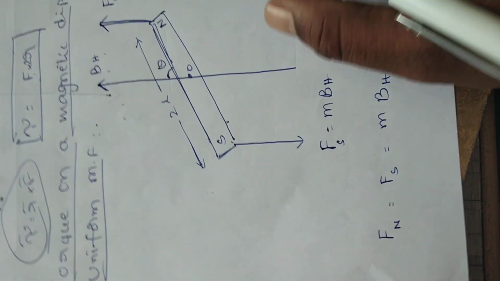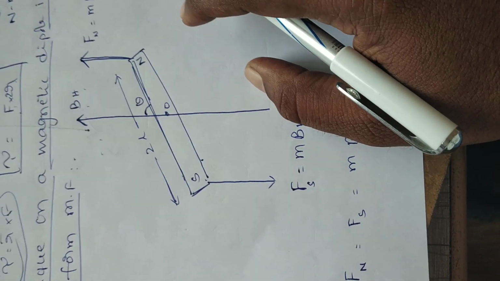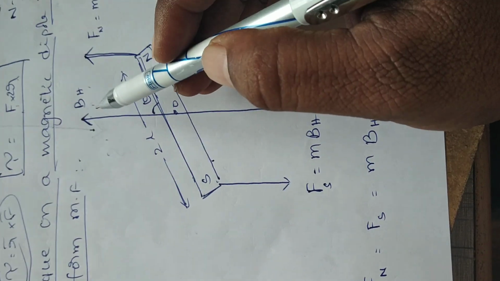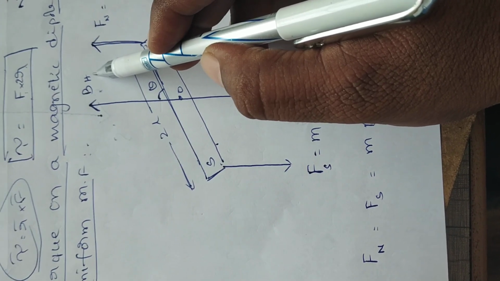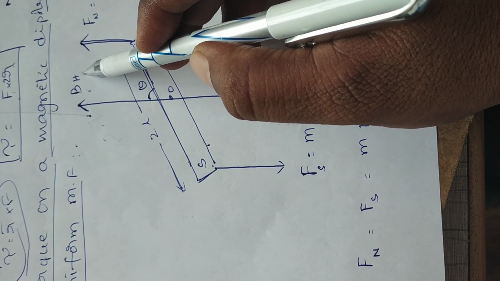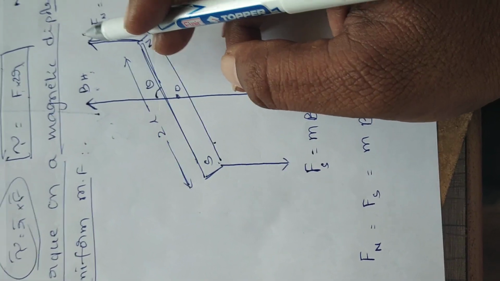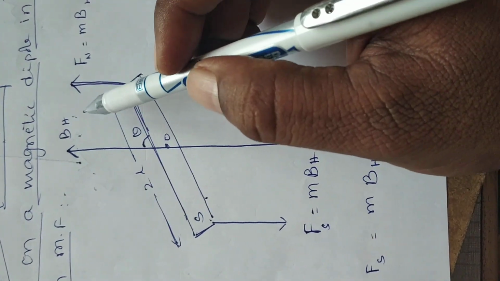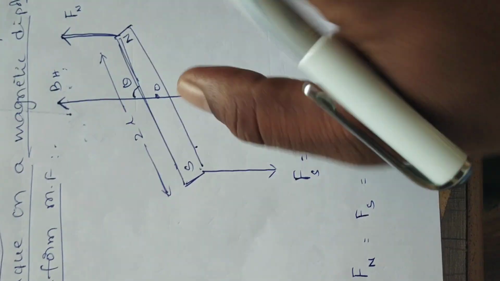But here, what is meant by uniform field and non-uniform field? In case of a uniform magnetic field, the value of BH remains the same at all points in the field. Then the field is said to be uniform, otherwise non-uniform. But remember, in a uniform magnetic field, magnetic lines of force are straight and parallel.